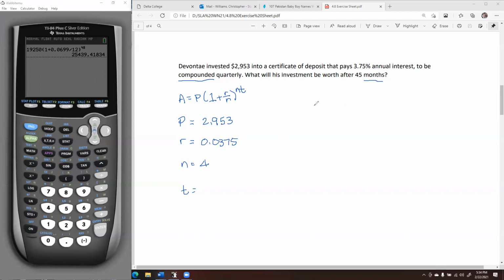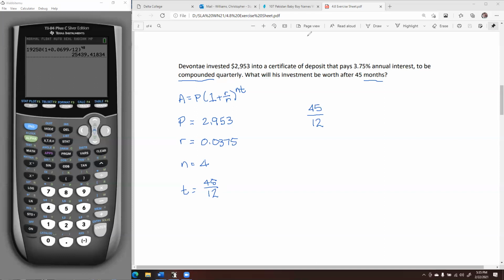The easiest way to do it is just to take the number of months it's given us and simply divide by 12. Now, you don't have to reduce this for our purposes here, because we're going to be dumping all this into our calculator anyway. Let the calculator do the heavy lifting. So T is going to be 45 divided by 12.